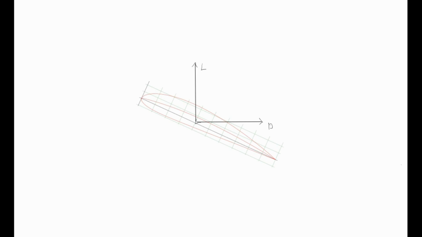Lift and drag are composed of two other forces, which are normal force and axial force.